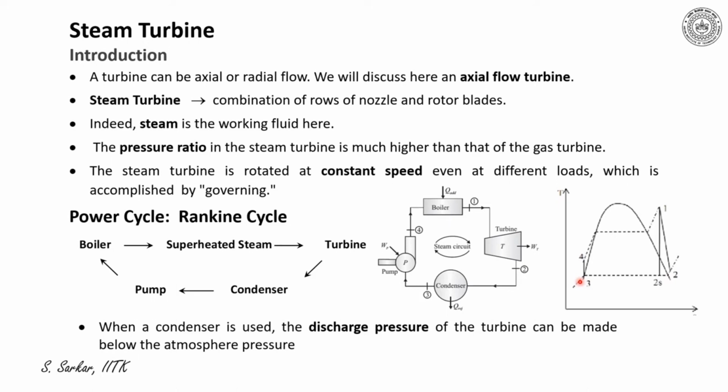Now, if a condenser is used, then the discharge pressure of a turbine can be made below the atmospheric pressure, and thereby we can increase the work output by decreasing the discharge pressure.